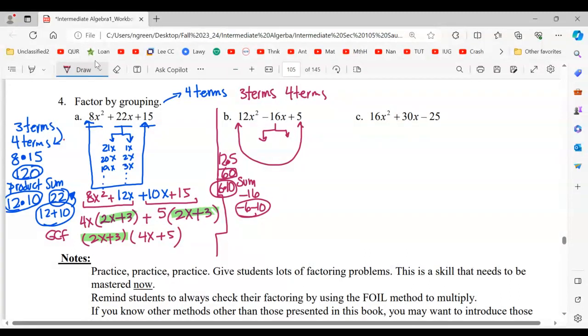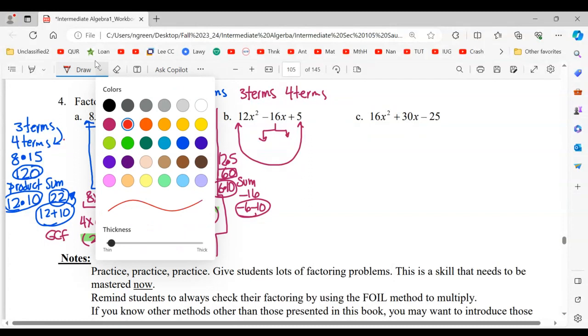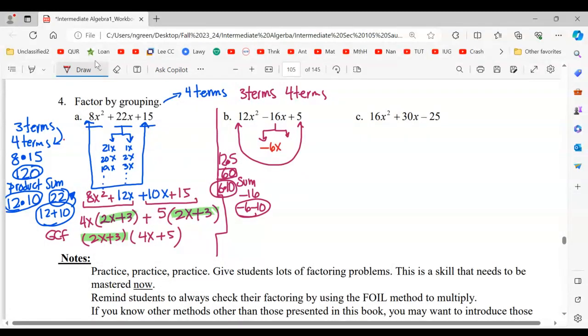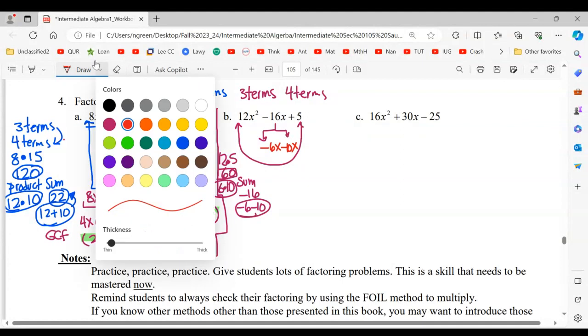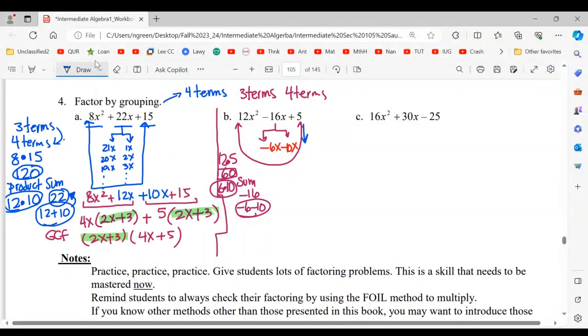It will give you negative 16. Okay, so I'm going to split this into 2 parts. This is going to be what? Negative 6x, negative 10x. And I'll just put this down, plus 5 and 12x squared.